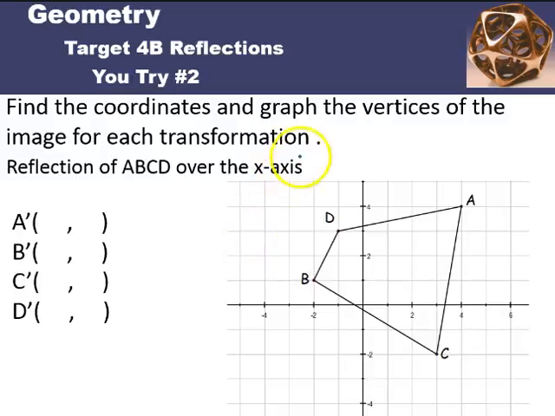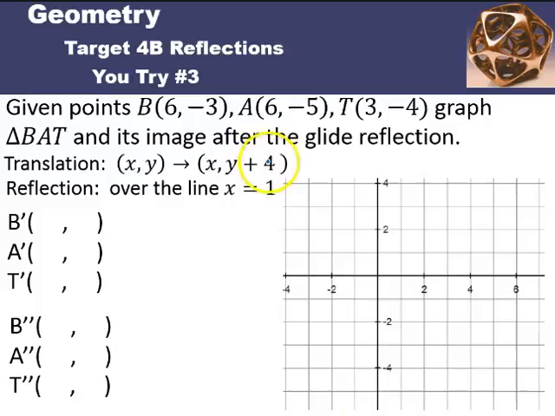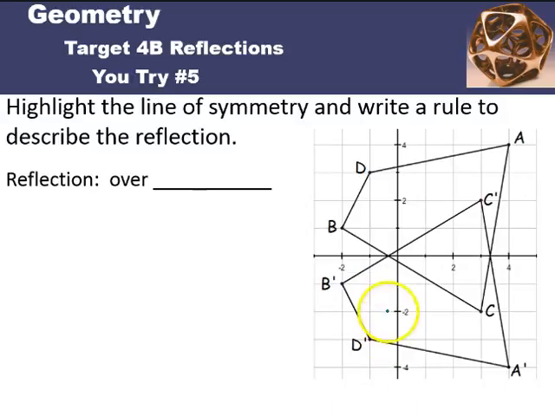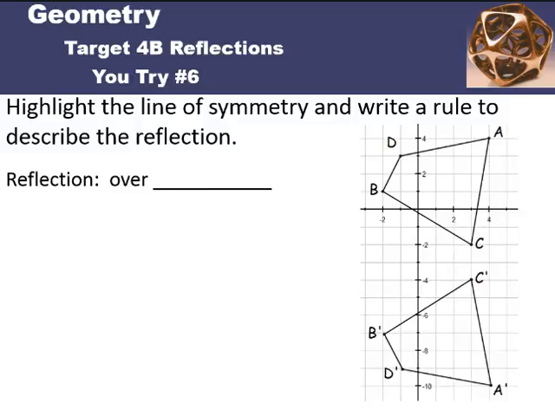You try number 2, looks like we're reflecting over the x-axis. Here it looks like we're doing a translation and a reflection. And then here we have to find the line of symmetry. And here we have to find the line of symmetry. And one more line of symmetry right here. Okay, good luck.